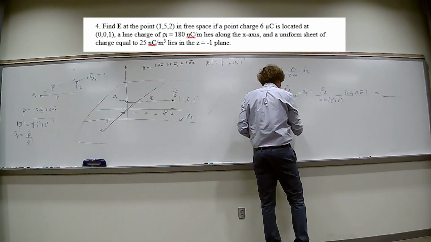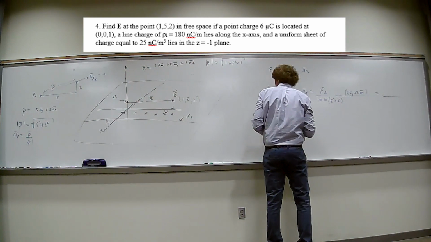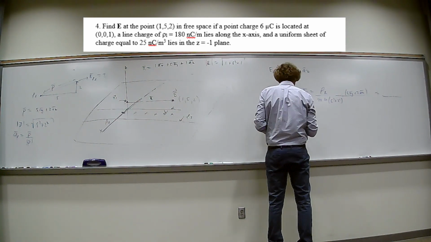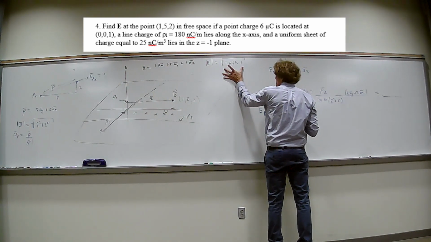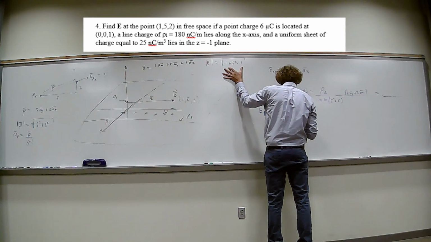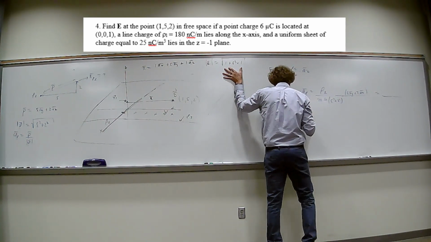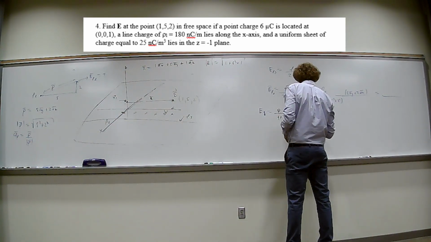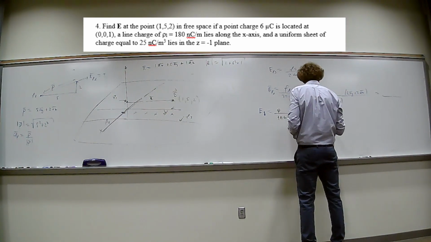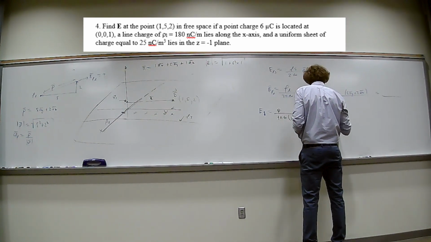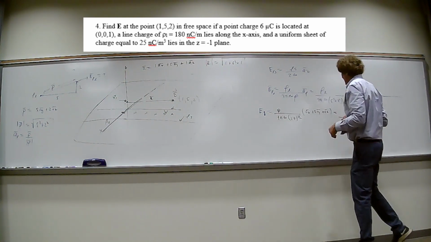Normally it would be r squared, but then I'm going to have an a_r here, so it's going to be this to the 3/2 power, so that's 25, 26, 27 to the 3/2 power. And then I have to multiply by r, which is going to be 8ax plus 5ay plus az.